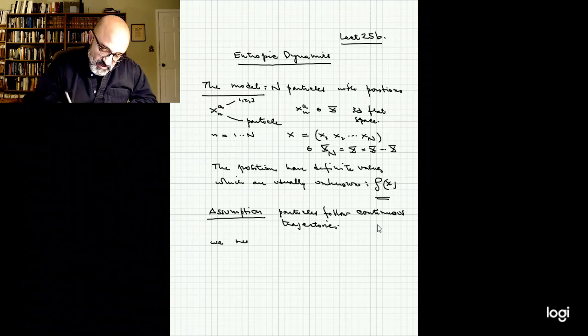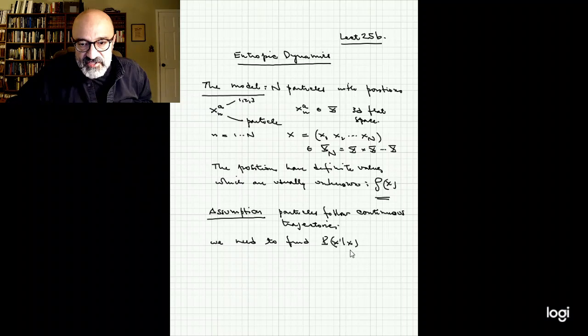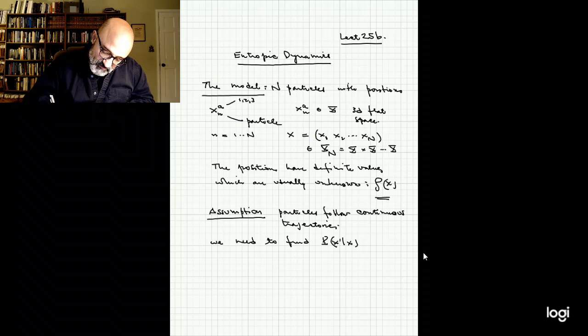We need to find the transition probability from a position x in this n particle configuration space to a neighboring one, from x to x prime, which is the original one plus a small increment.